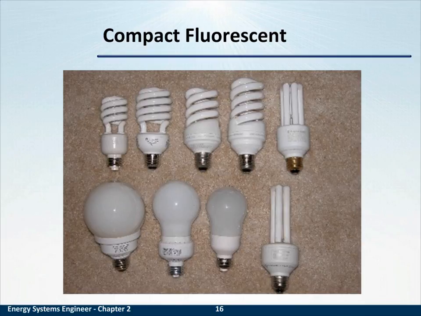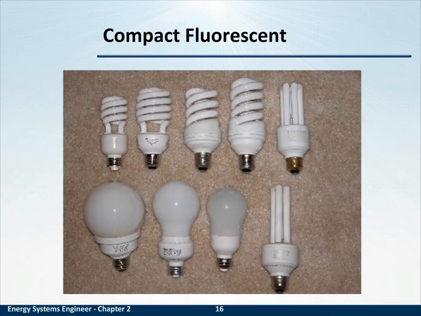Compact fluorescents here in the United States are becoming much more accepted as a lamp replacement. Around the world, they've been accepted for a long time, and the reason is it's a simple unscrew the old and screw in the new. It requires no retrofit. Here you see compact fluorescent lamps that have a variety of different geometries.